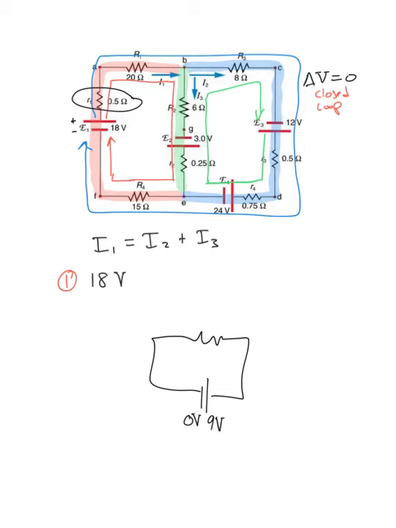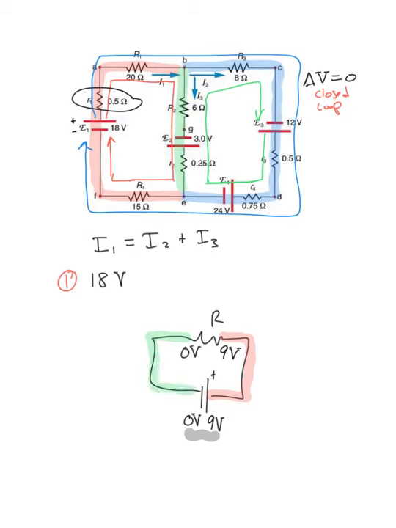So there's 9 volts on the positive end, there's 0 volts on the negative end, and we have some resistor in our circuit. We can note that in order for Kirchhoff's loop rule to work here, if we have a gain of 9 volts across the battery, we must lose the same 9 volts across the resistor. So this side of the resistor is at 9 volts and this side of the resistor is at 0 volts.